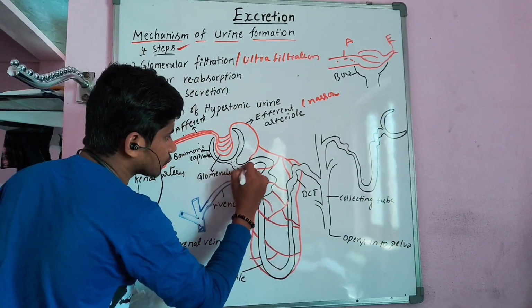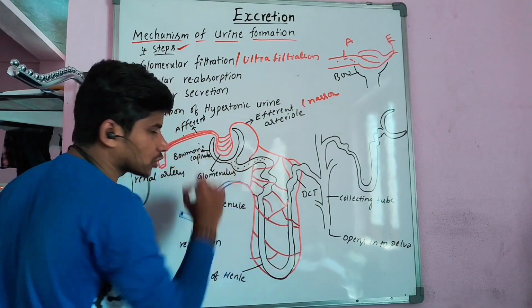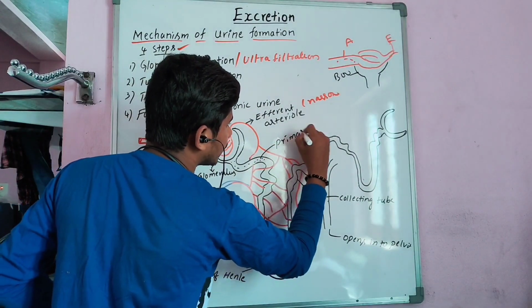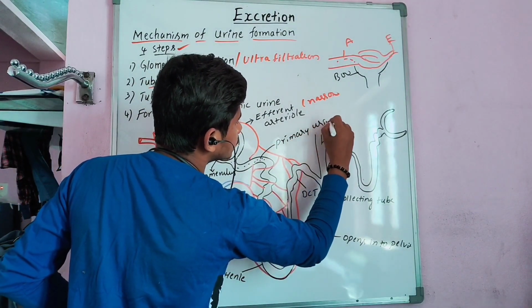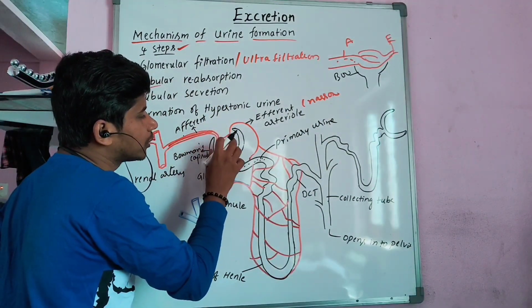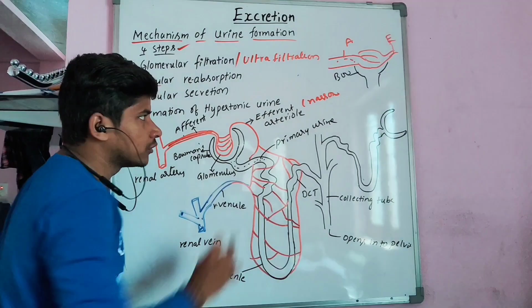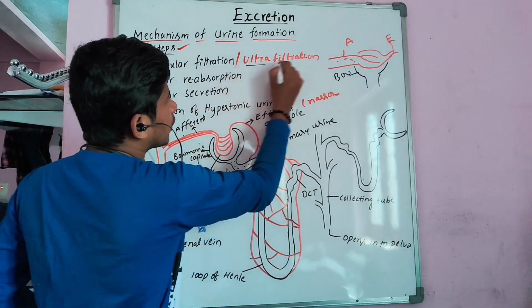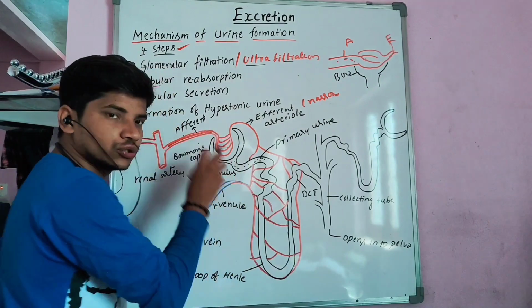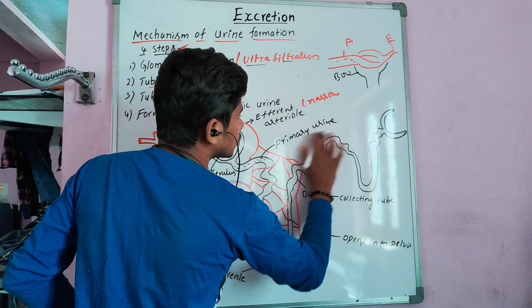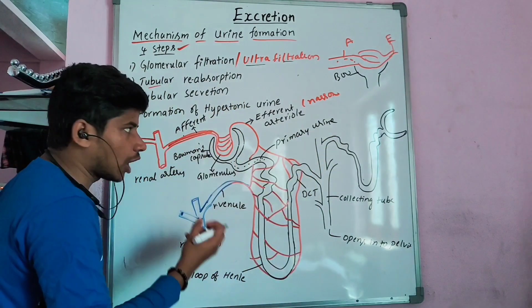That filtrate formed after the filtration at the glomerulus is called primary urine. So the primary urine is formed due to what? Pressure created in the glomerulus due to what? Narrowness of the outlet, what is that? Efferent arteriole. So this filtration is also called ultrafiltration. During this filtration, all waste materials and also some nutrients are filtered out of the blood capillary.